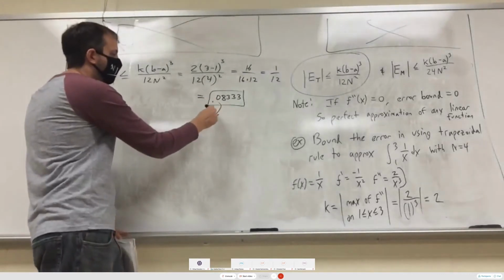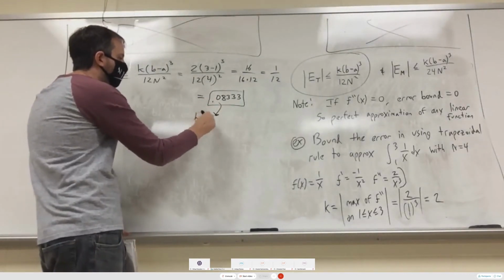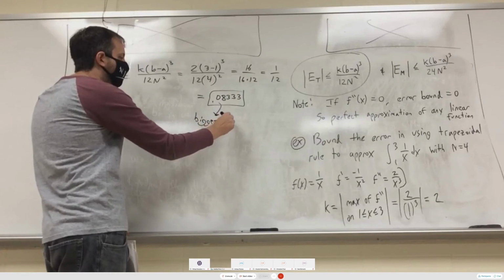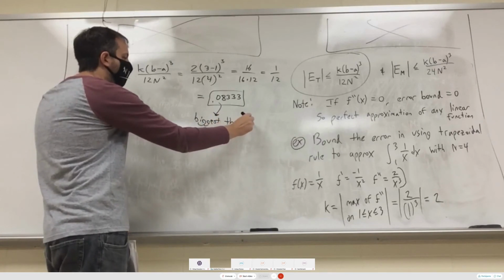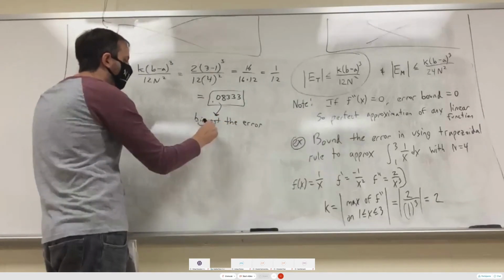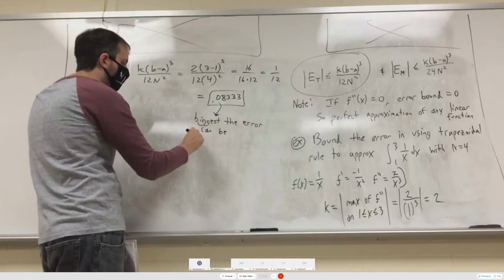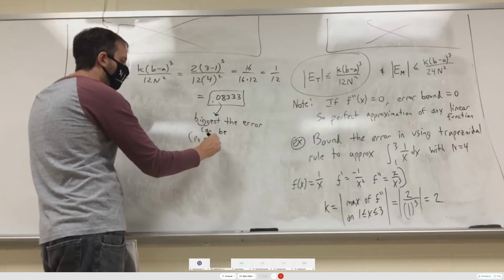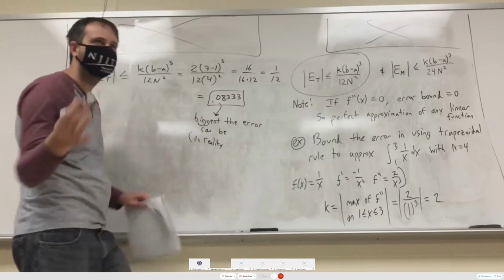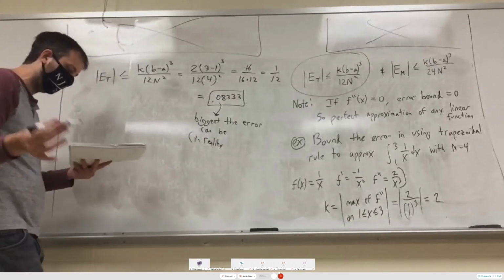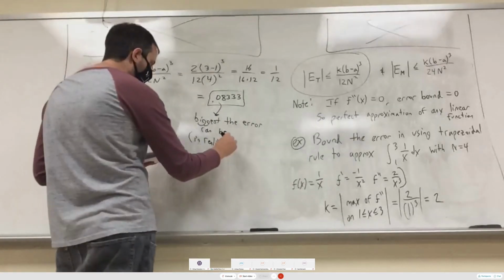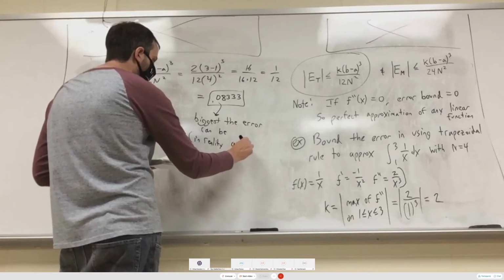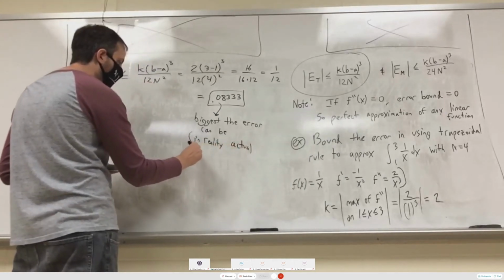And again, the importance of this is this is the biggest that the error can possibly be. We already know the actual error because we calculated it using even our calculator. The actual error was this for comparison.